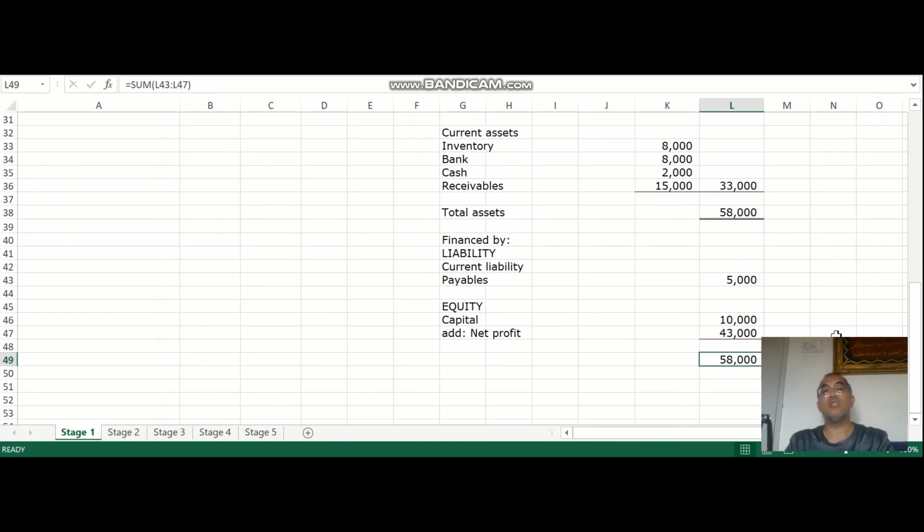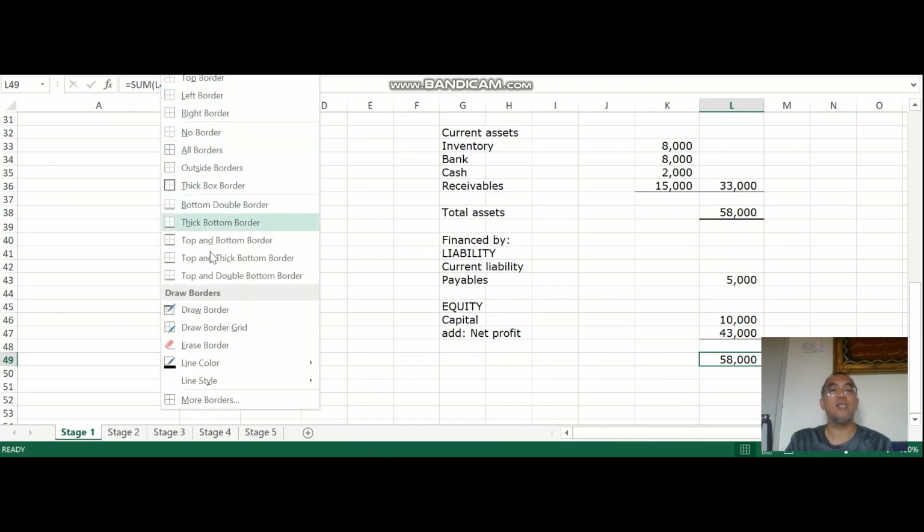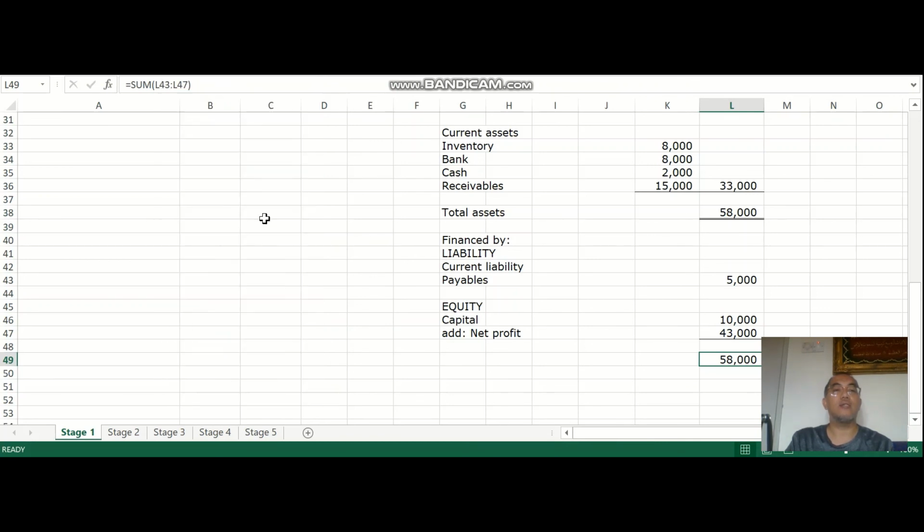Remember, our equation is asset equals liability plus equity. So if our asset is 58,000, our liability plus equity should also be 58,000. So I can say that our answer is correct. So this is the answer.